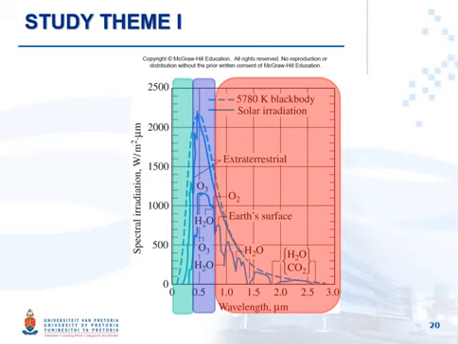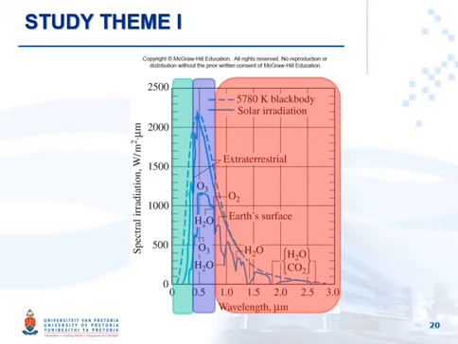This figure, in three different colors, shows the effect of absorption by atmospheric gases, which are ozone, O3, vapor, H2O, oxygen, O2, and carbon dioxide, CO2.